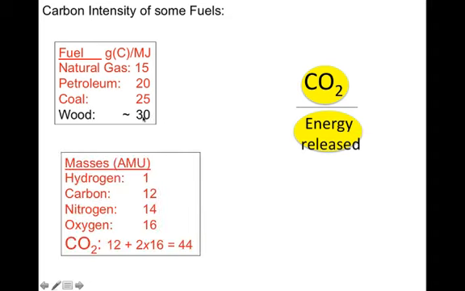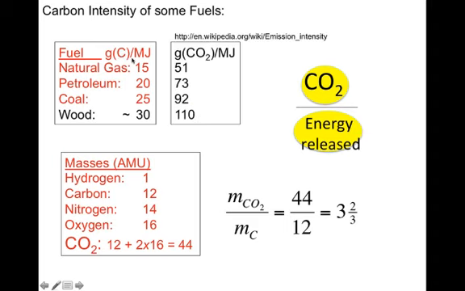So let's take a look. What if we wanted to know about carbon dioxide? Well, we know the masses of these different elements, and we can add up the mass of carbon dioxide and get 44 grams as opposed to the 12 grams of carbon. That ratio is 3 2/3. So if this is the emission of carbon per megajoule, by multiplying by 3 2/3, we can get the emissions in grams of carbon dioxide per megajoule.